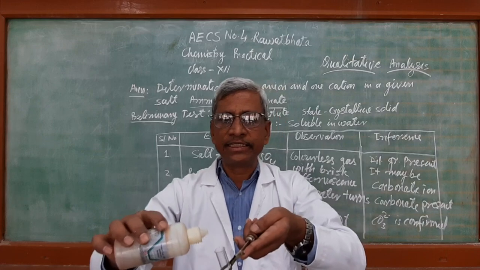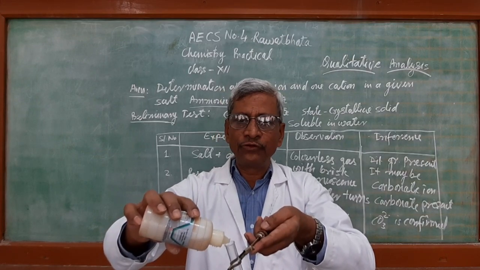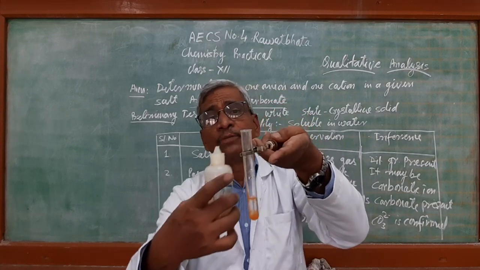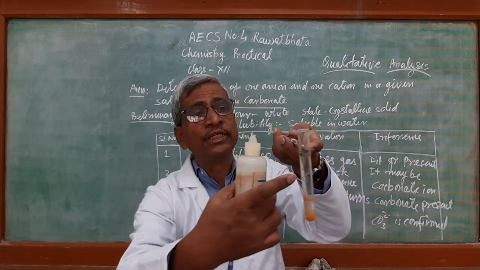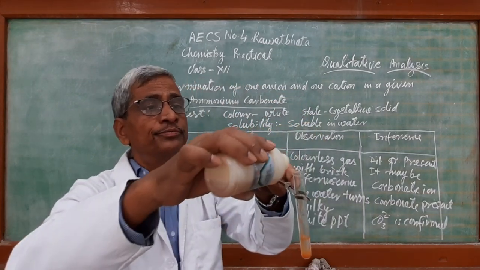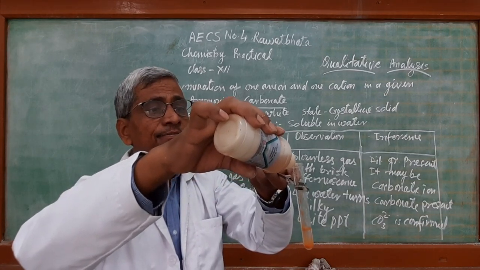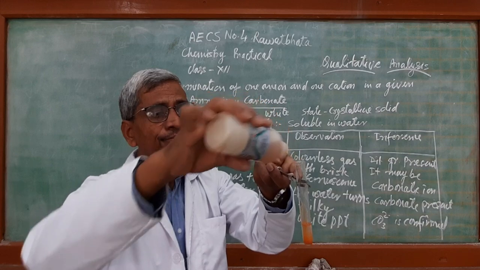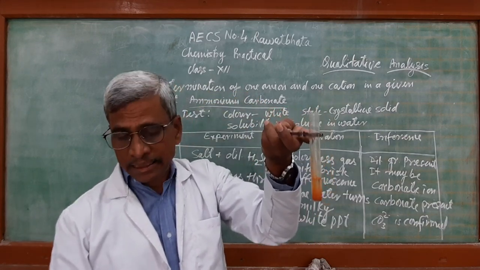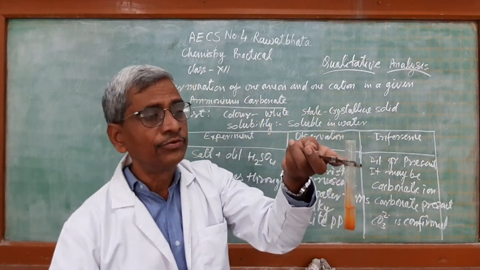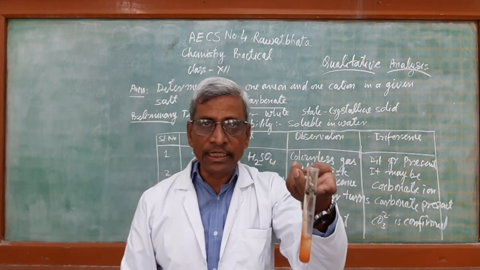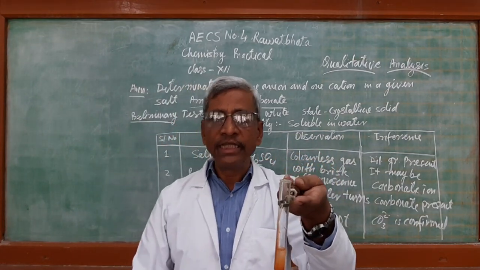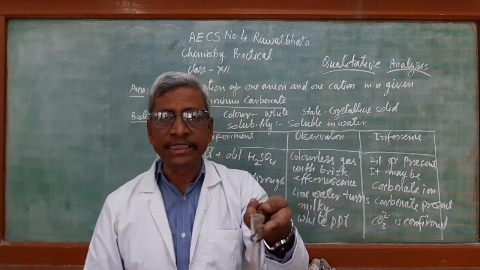We cannot see that, it is colorless. Then we have to add a few drops of Nessler's reagent. You can notice the brown color appears here also on the side of the test tube. This indicates the presence of ammonium ion in the salt. This brown color is the formation of a new compound with Nessler's reagent.